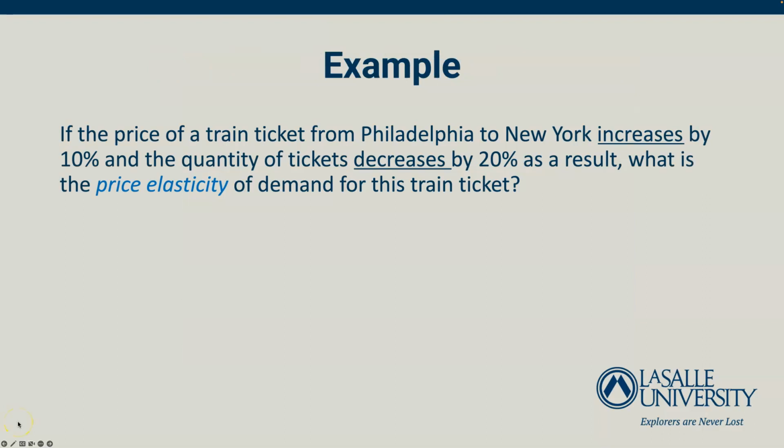Let's consider an example of this. Suppose the price of a train ticket from Philadelphia to New York increases by 10%, and the quantity of tickets sold decreases by 20% as a result. So what would be the price elasticity of demand for this train ticket?